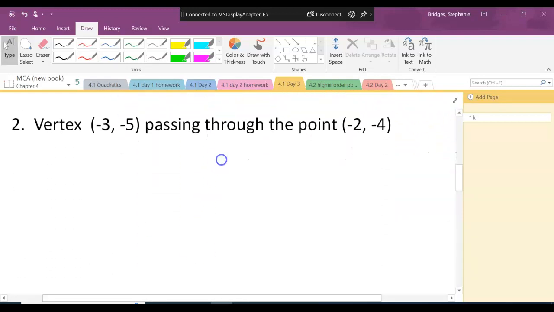All right, here's the next vertex and point. I'm going to write down the information, and then we will start working through it.